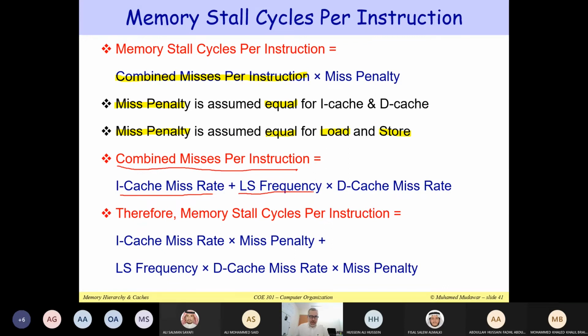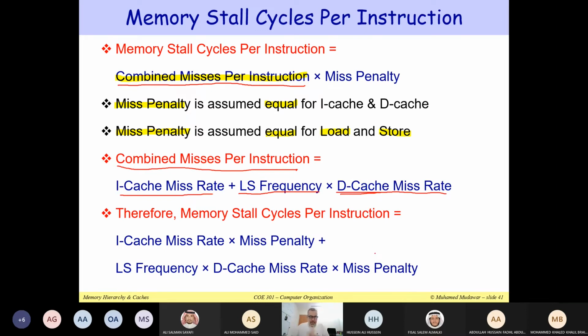But then you look at the load store frequency, the percent of the instructions which are load and store, and you multiply it by the data cache miss rate. So that's how you calculate the combined misses per instruction. You need it in this equation, and then you multiply it by the miss penalty.